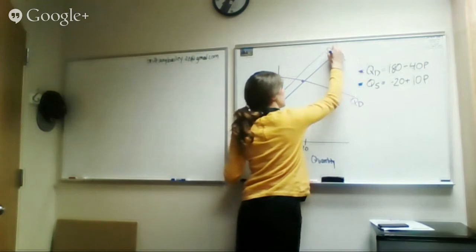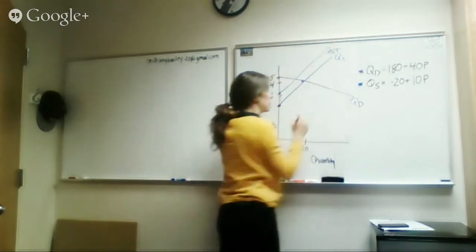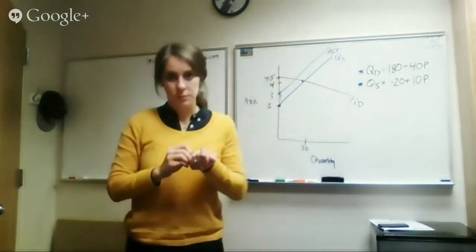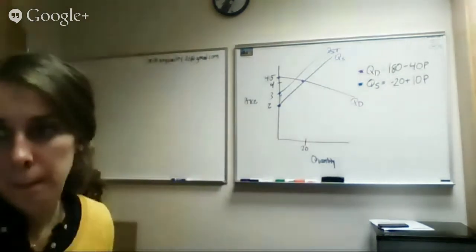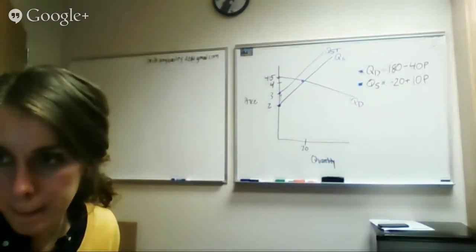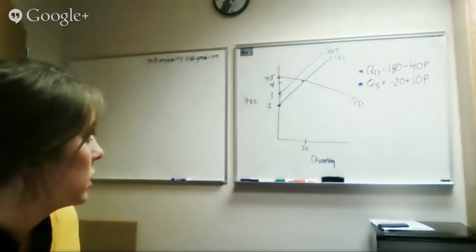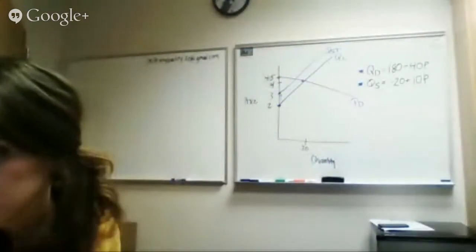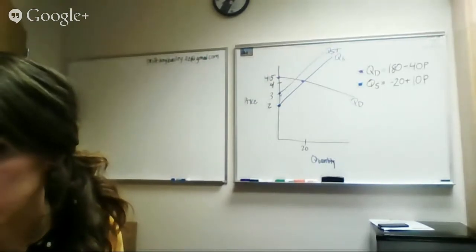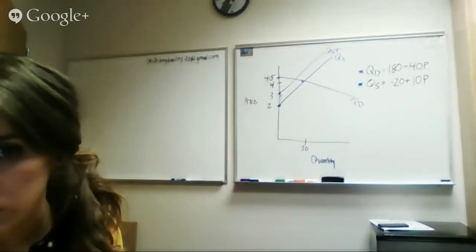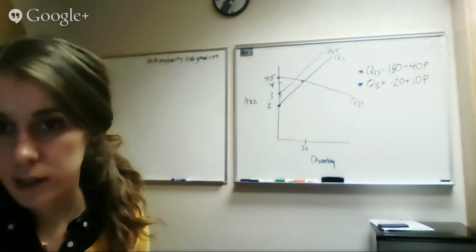Call this QST for quantity supplied with tax. So I want to know, what's the new equilibrium quantity? We're going to have to figure out the equation for that line to figure out what the new equilibrium quantity is going to be.